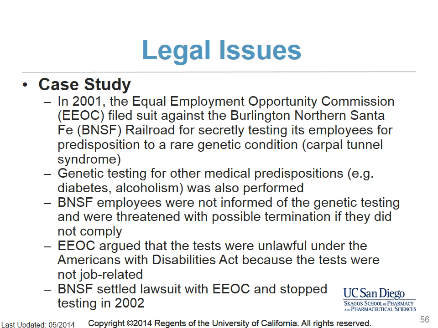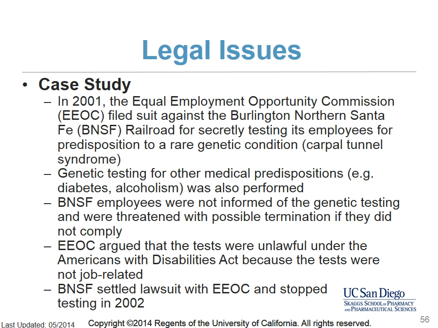In 2001, the Equal Employment Opportunity Commission, or the EEOC, filed a lawsuit against the Burlington Northern Santa Fe Railroad Company for secretly testing its employees for genetic predisposition to carpal tunnel syndrome. Although this is a common syndrome, it's a rare genetic condition. Genetic testing for other medical predispositions such as diabetes and alcoholism was also performed.